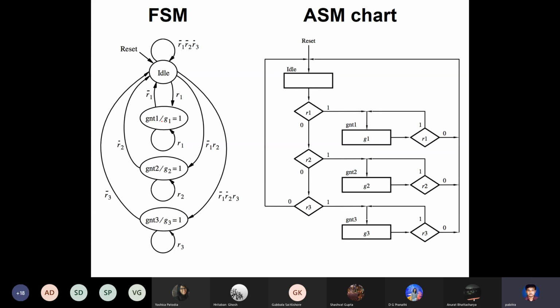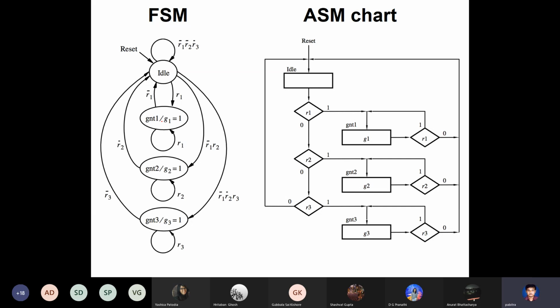Okay. So how many ASM blocks will there be? Naturally, 4 states are there, so there will be 4 ASM blocks. And there are 3 inputs: R1, R2, R3. So you will have at least three diamonds, decision boxes.